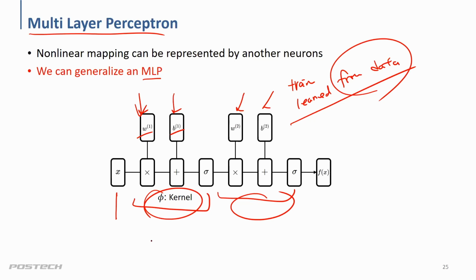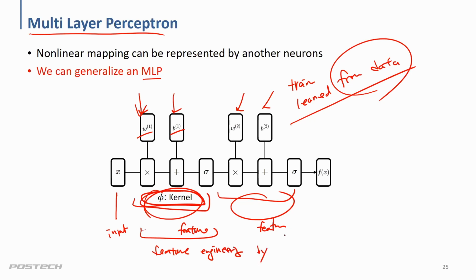Okay. So in this case, the input has these features and other features. If we use user-defined kernels, that means we do feature engineering by a domain expert. But in this neural net, it's feature learning plus classifiers as well.